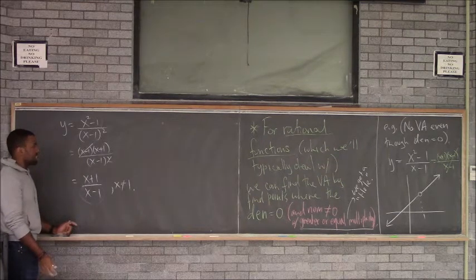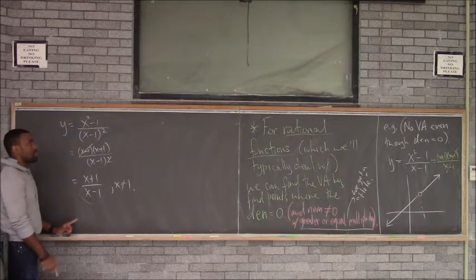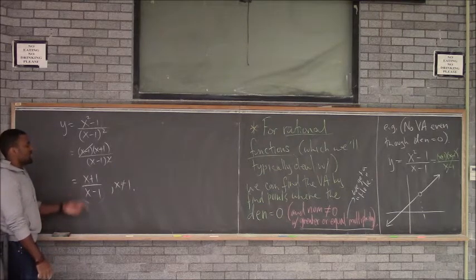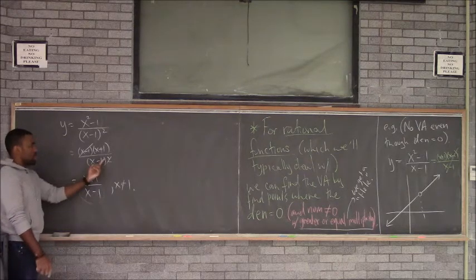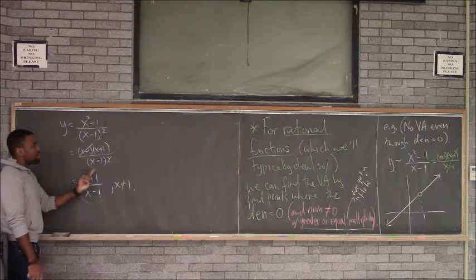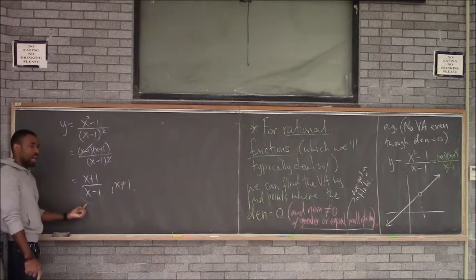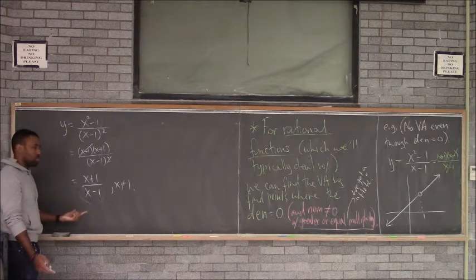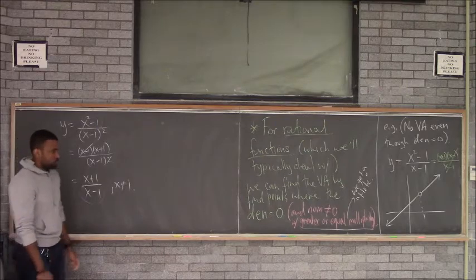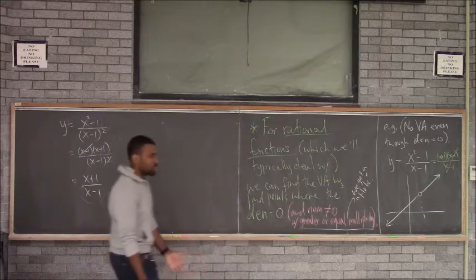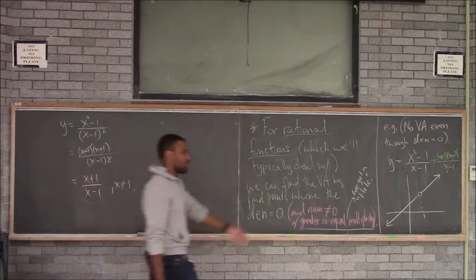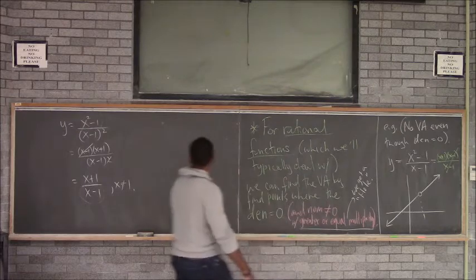I can't actually get rid of it, right? So I need to make sure that the numerator isn't 0 at the same time as the denominator with greater than or equal multiplicity. If they're actually 0 at the same time, but the denominator has a higher multiplicity, a higher power on the denominator than the numerator, then the numerator can't fully correct a division by 0 at that single point. So for us, basically that's how you find a vertical asymptote, because usually the graphs we're going to be looking at would be graphs like this, rational functions.